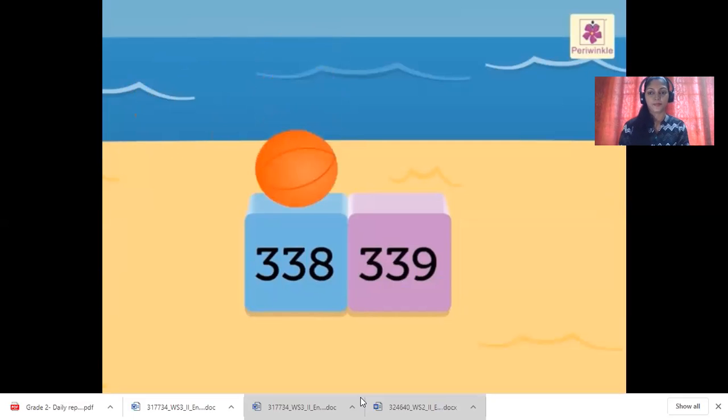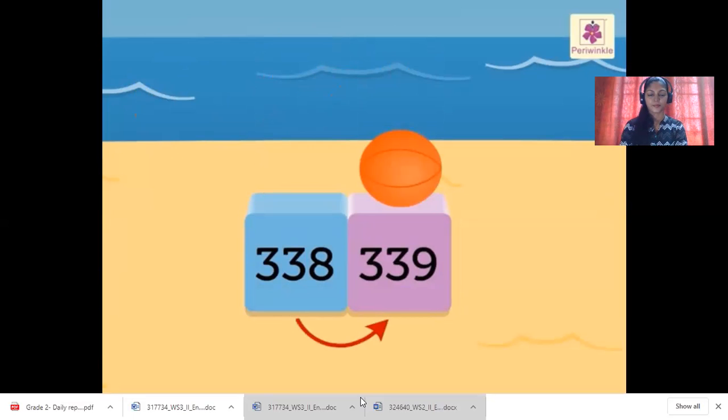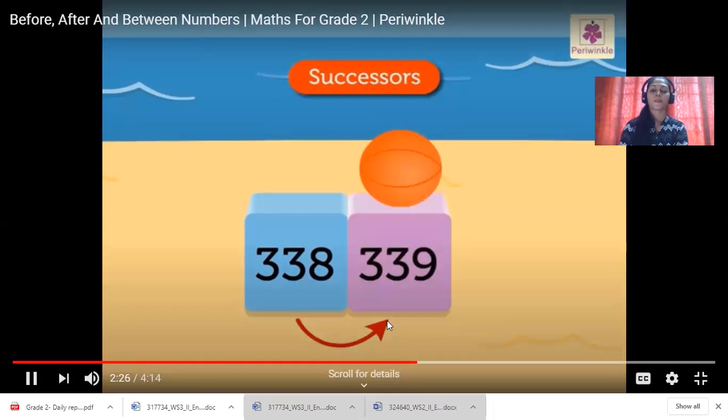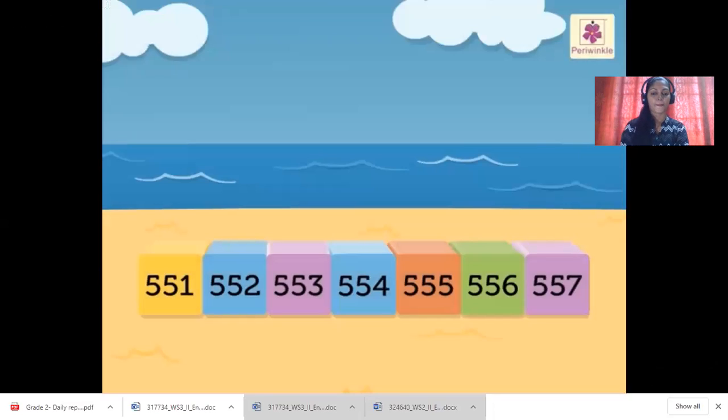Which number comes after 338? 339. Do you know? Numbers that come after a given number are also called successors. Here, the number 339 is a successor.